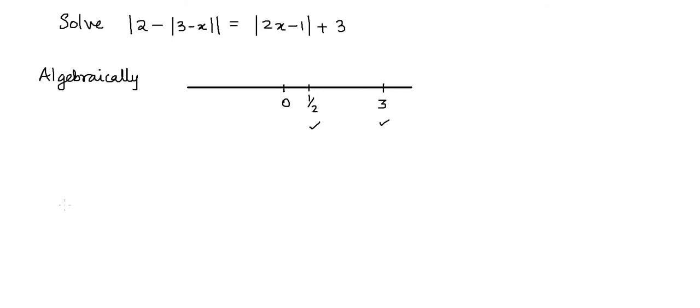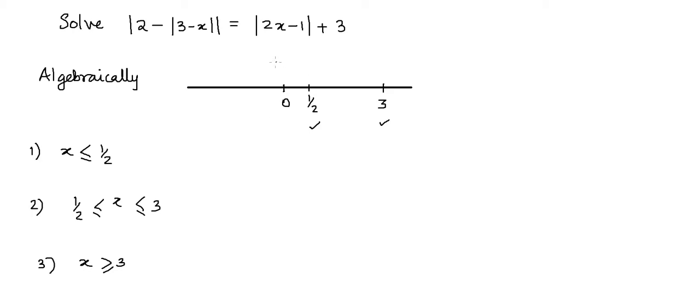So which means the different cases that I have to consider are x is less than equal to half, case 1. Case 2 is x is between half and 3, and case 3 is x is greater than equal to 3.